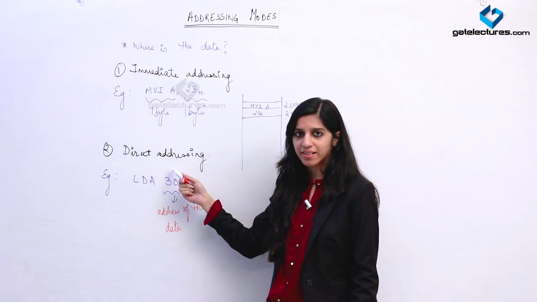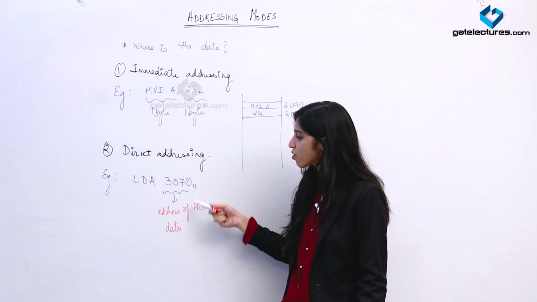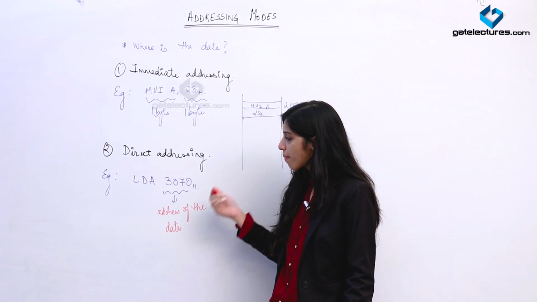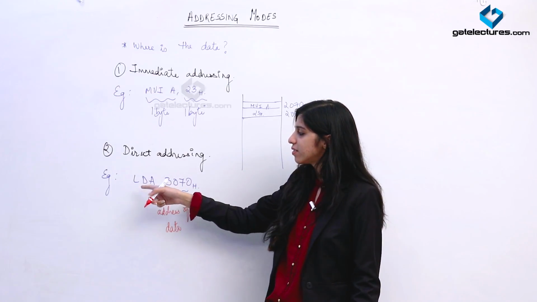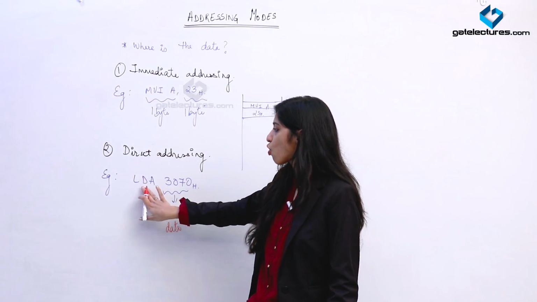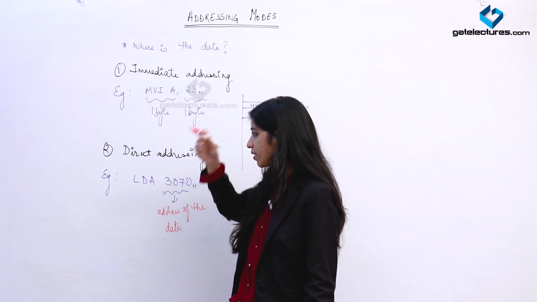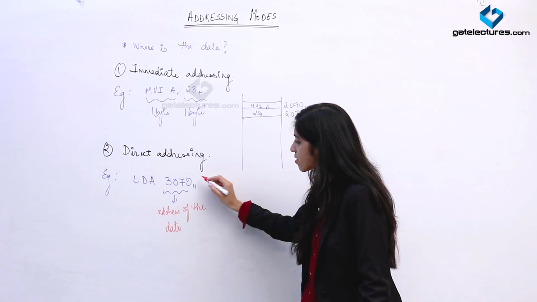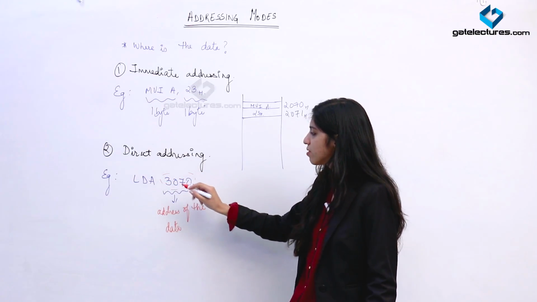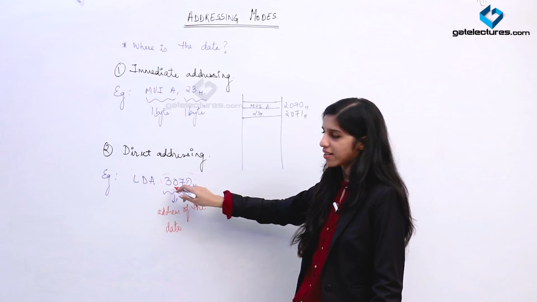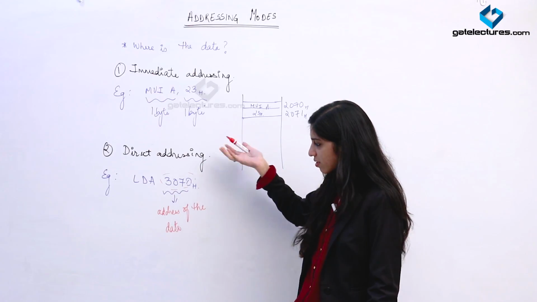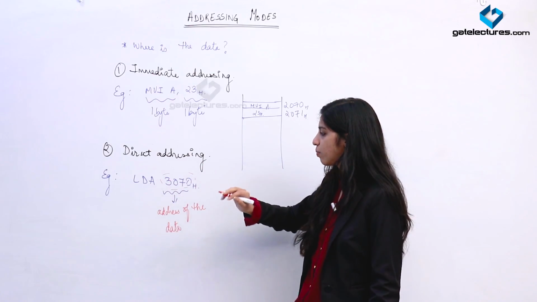So in this addressing mode, we give the address of the data directly. Whenever LDA is decoded, we know that the accumulator has to be loaded, but with what data, where is the data? This is the address of the data. So we'll go to this address in the memory, extract the data and load the accumulator.